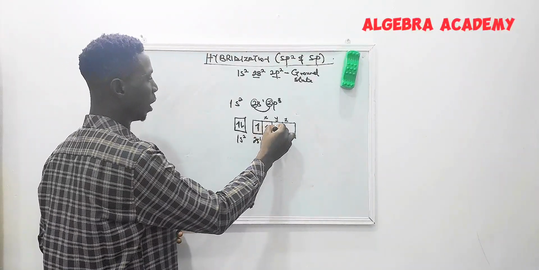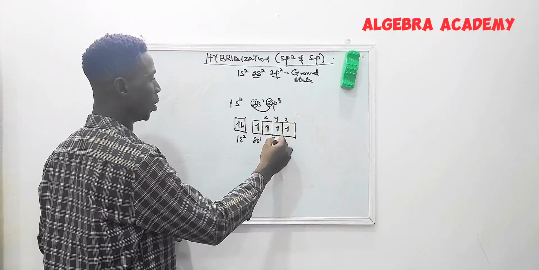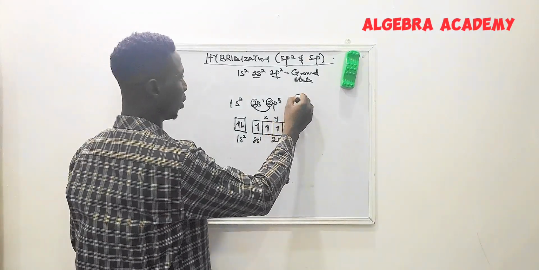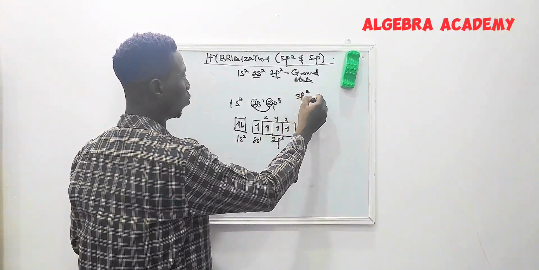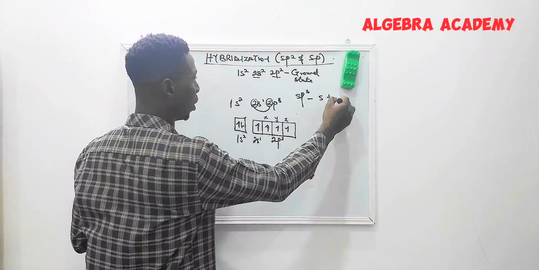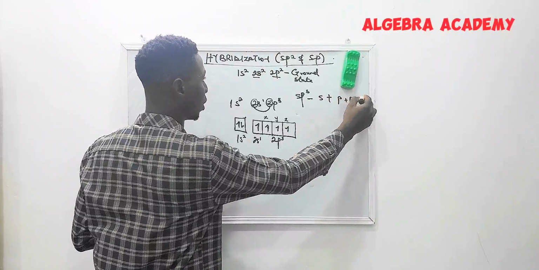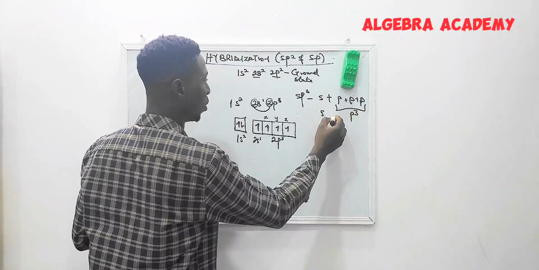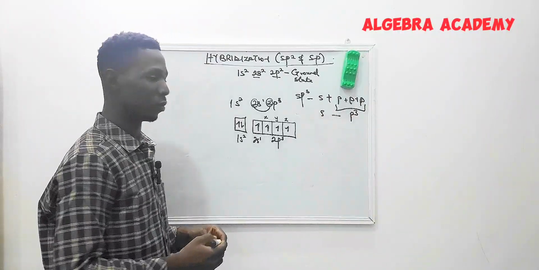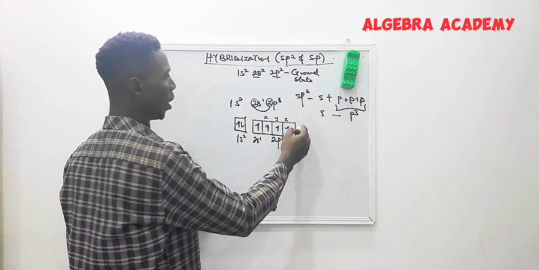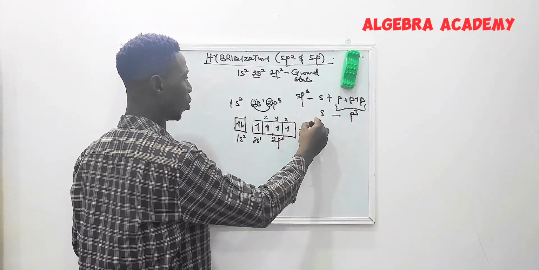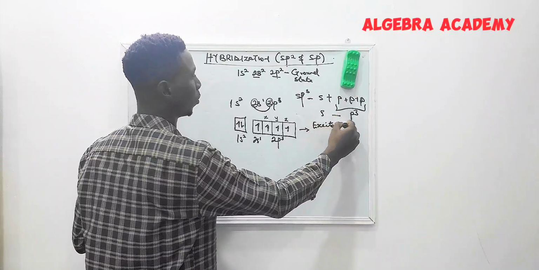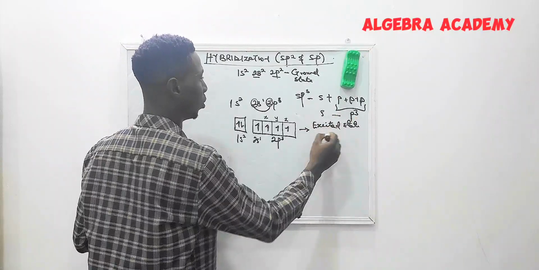We have one electron in each, so this is 2p3, and this is what we used to explain sp3 in the last video: for sp3 it is 1s plus 3p, that is p plus another p plus another p. This is the p3, this is the s, that makes it sp3. That was what we did in the last video. And this configuration is what we call the excited state of carbon.